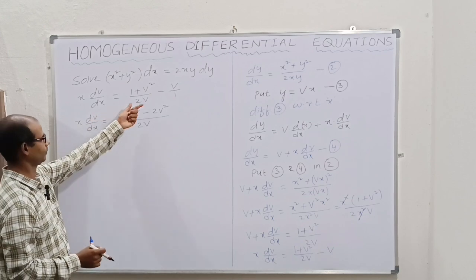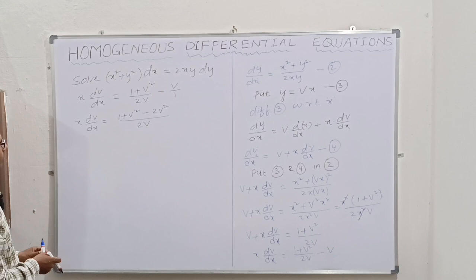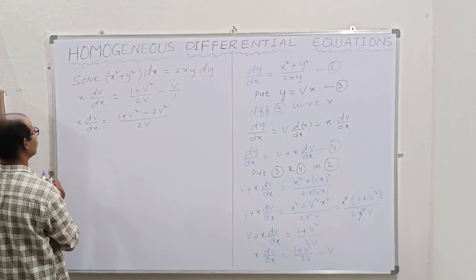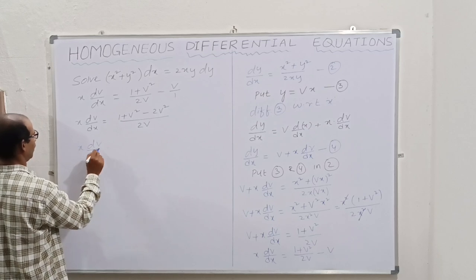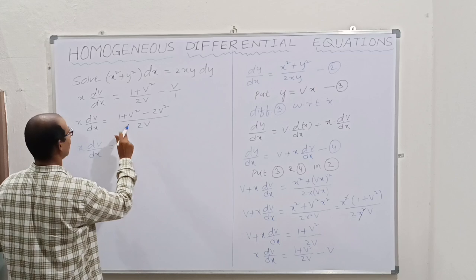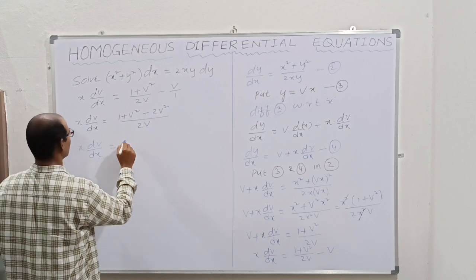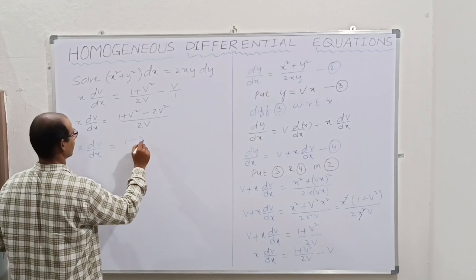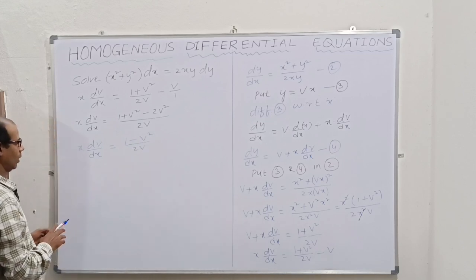So take the LCM, 2v, 1 plus v square minus 2v square upon 2v. So therefore x into dv upon dx is equal to 1 plus v square minus 2v square is 1 minus v square upon 2v.